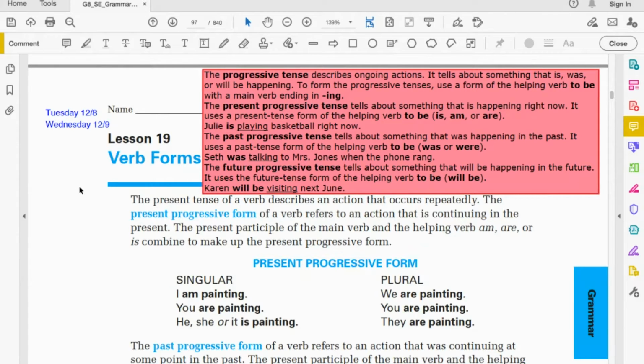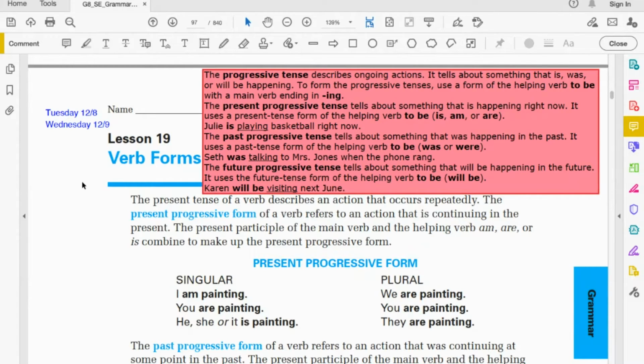We have studied simple tenses, present, past, and future. We have studied the four principal parts of the verb, where we discovered that by adding ing to the verb and a helping verb, we get the present participle.